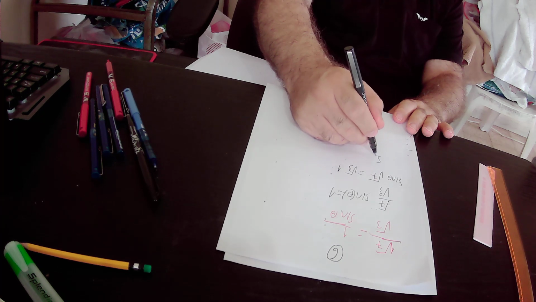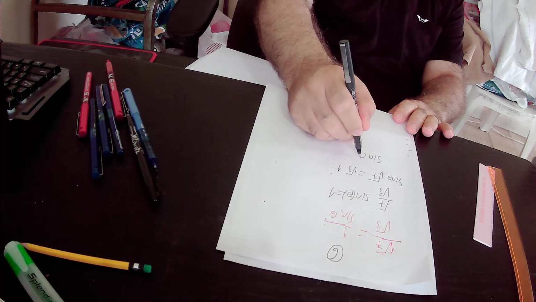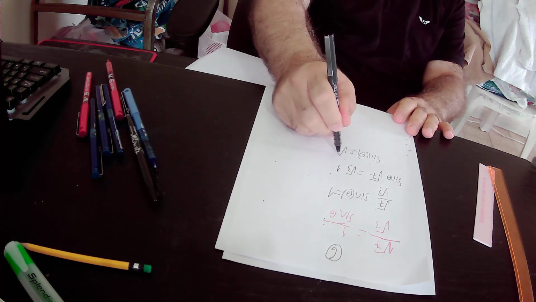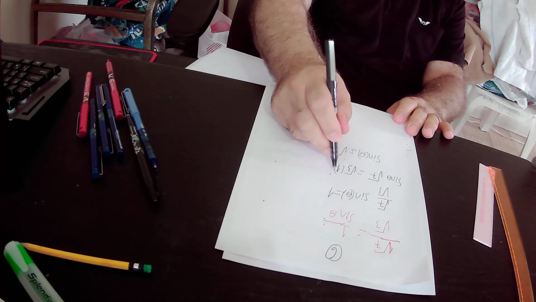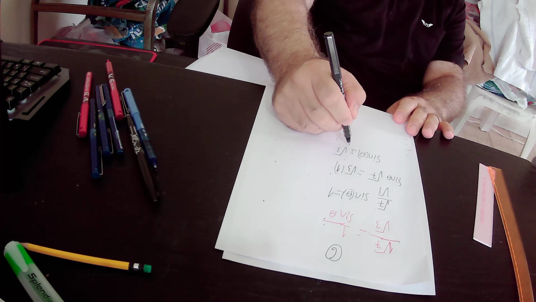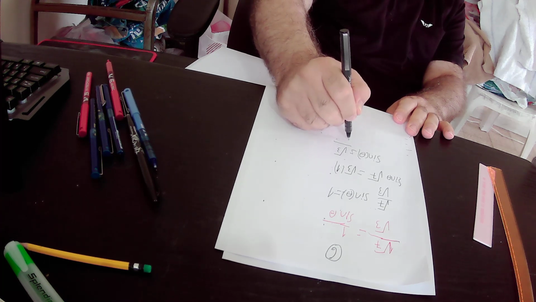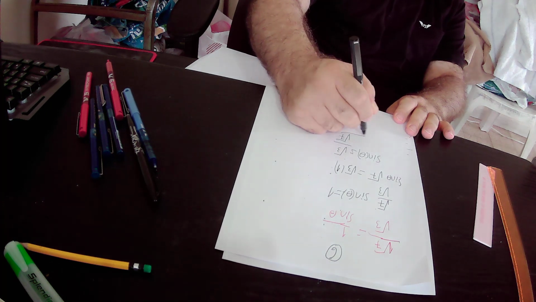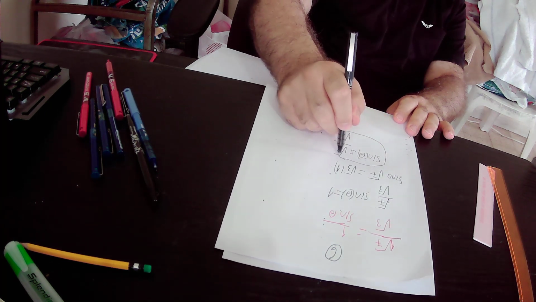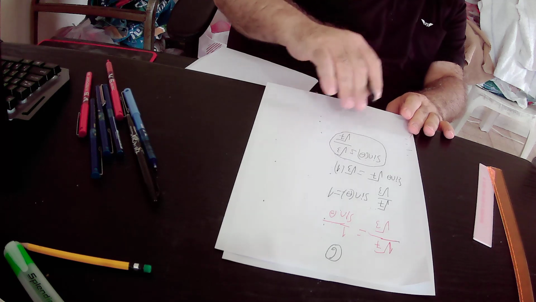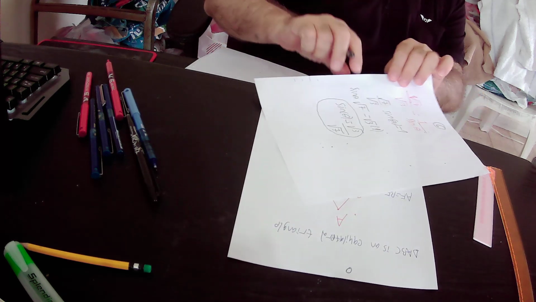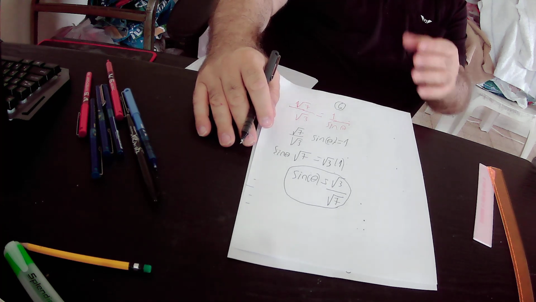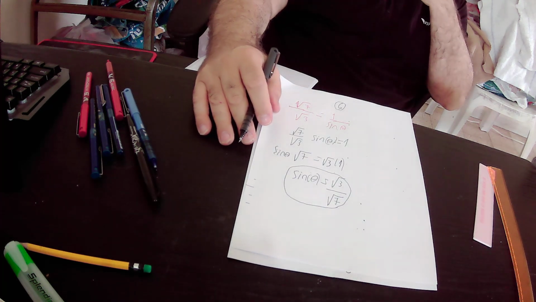And we will get that the value of sinus theta equals to root 3 over root 7. Okay, we found out that the value of sinus theta is root 3 over root 7.